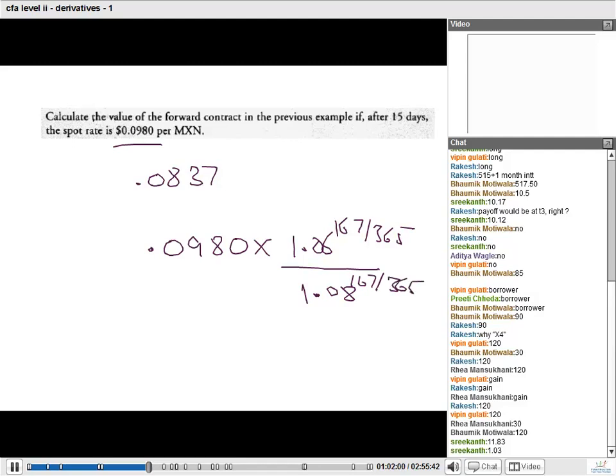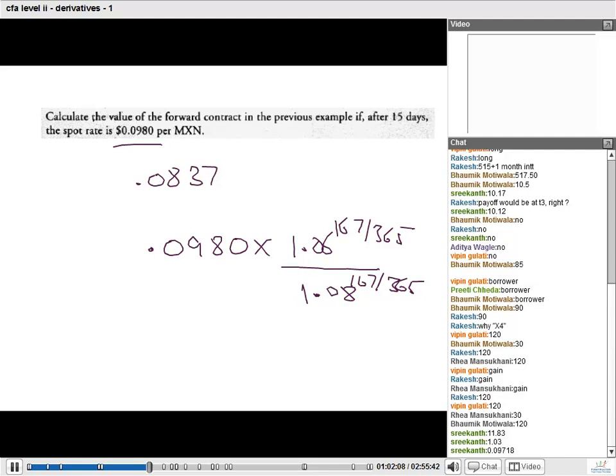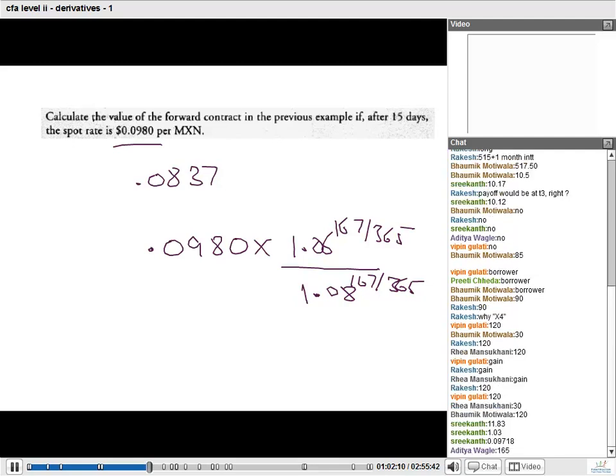So you'll be able to compute the new forward rate. You can exit the contract, so you are long at this price, by shorting it at the other price, by shorting it at 0.09718.